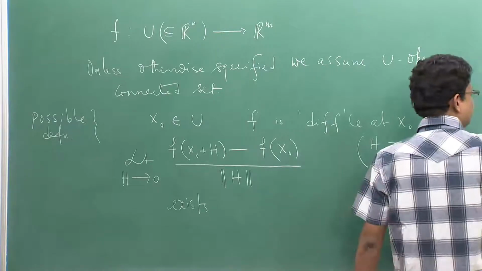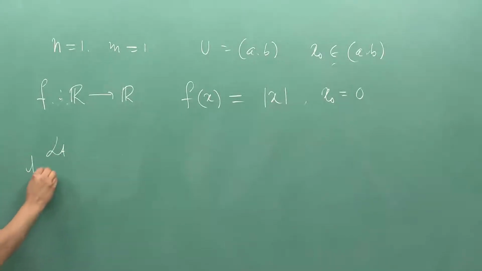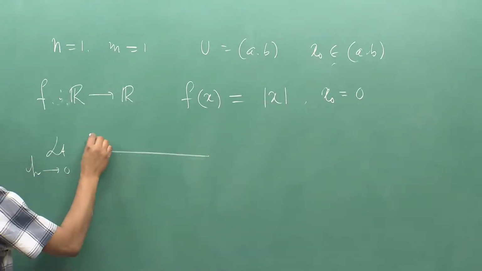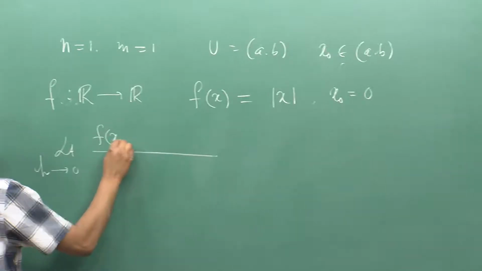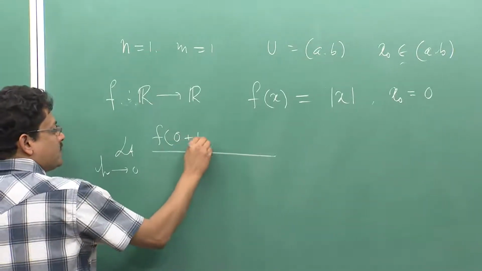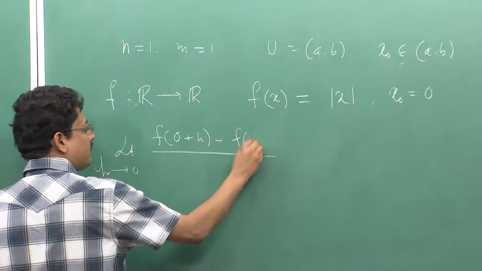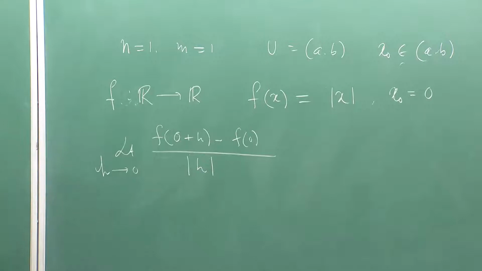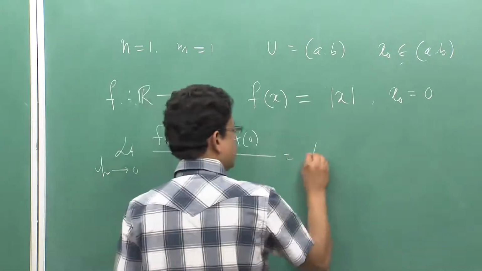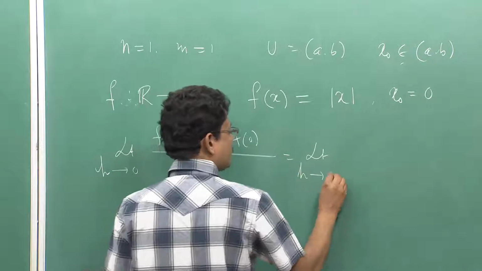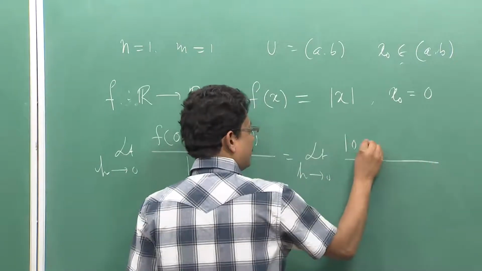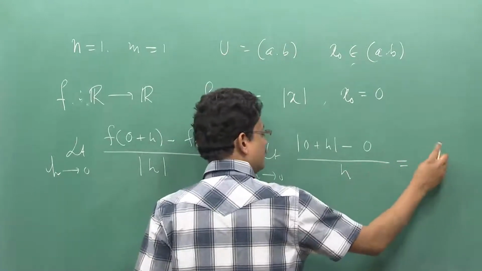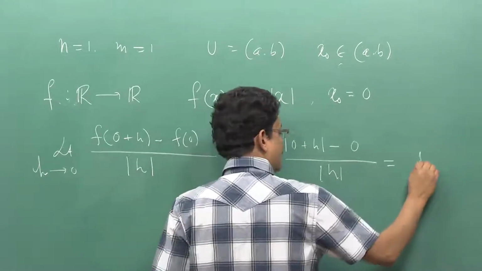Let us put this definition, limit, now single variable h goes to 0, of f(0 plus h) minus f(0) divided by the length of h, which is limit h goes to 0, by definition, (0 plus h minus 0) divided by h, which is equal to 1.